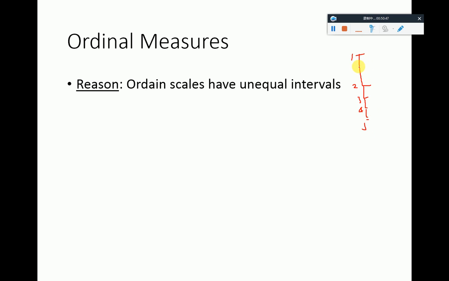This is an interval between 1 and 2, a second interval between 2 and 3, a third between 3 and 4, a fourth between 4 and 5. These four intervals are not equal to each other. This is wider, this is narrower, and this is even narrower. That's what we mean.